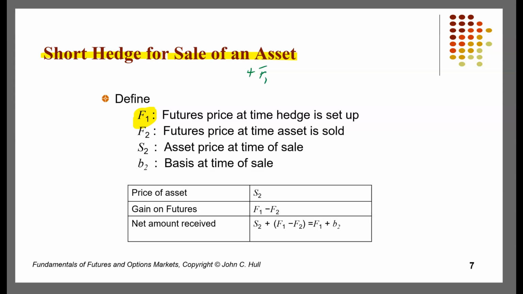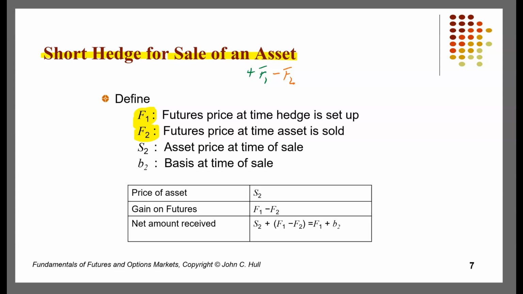Now, at the time of the future sale, we're going to close out that contract. In order to close out the contract, we enter into a long position, essentially purchasing the underlying. So we purchase at F2, the futures price of the underlying at that point in time.